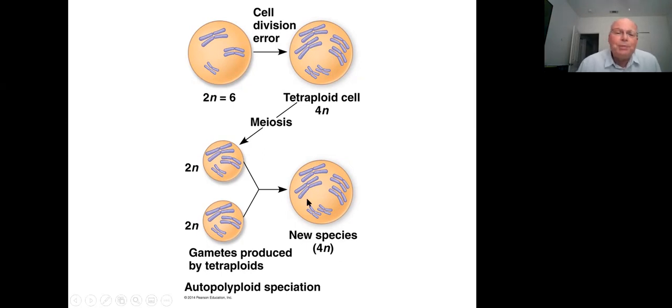But if this plant is capable of self-fertilization, as up to 50% of all plants are capable of, then this plant could reproduce with itself.